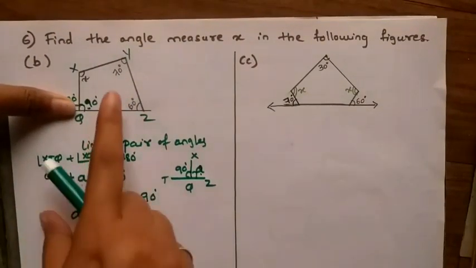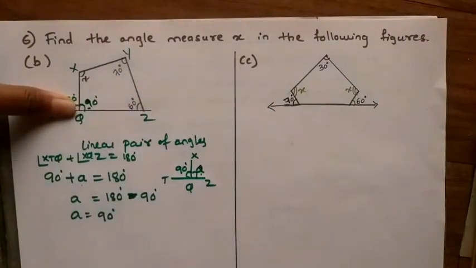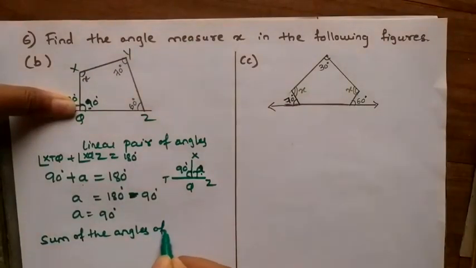Just observe, 1, 2, 3, 4. The figure has four sides, so this figure is said to be a quadrilateral. So I am applying the sum of the angles of a quadrilateral.